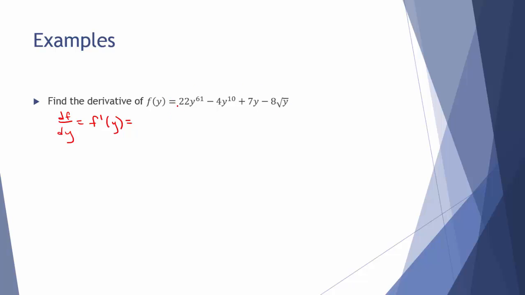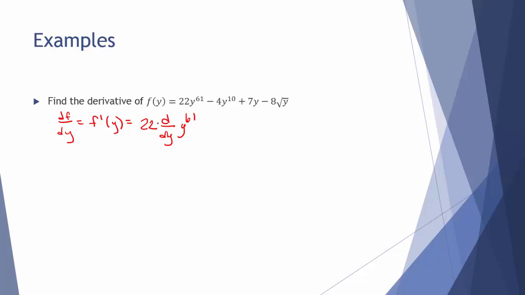So first of all, I notice a lot of addition and subtraction going on. Well, that means I can take the derivative of each term individually. In addition to that, every constant can be pulled out. So I'm going to do this in a couple of steps. I'll take 22 times d dy of y to the 61st power.